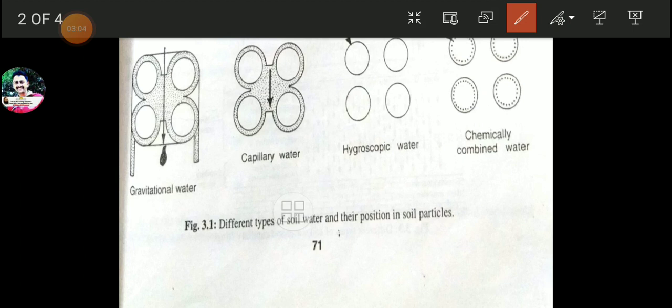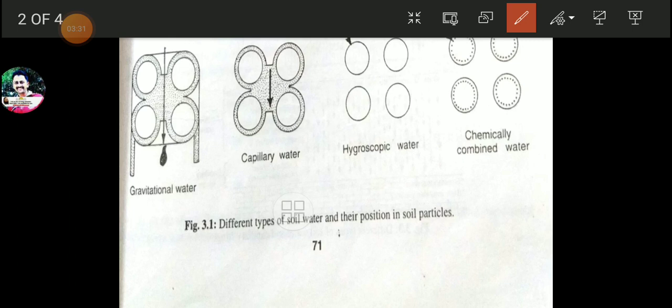Now we know that the water reaches deeply into the soil after rains, isn't it? So friends, no doubt we have already learned soil water has a lot of importance in the life of the plant. That statement we can also say.